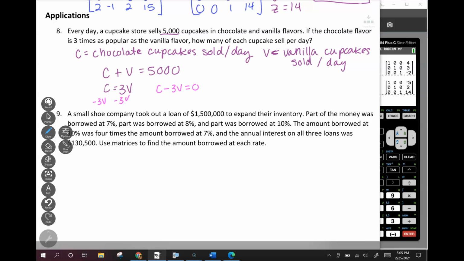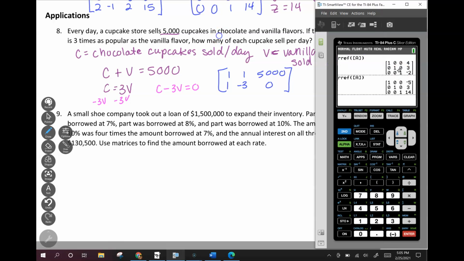All right, so now I have my 2 equations that I can put in matrix form, now that they're both in standard form. So 1, 1, 5,000, 1, negative 3, 0. You could also solve this using substitution or elimination or whatever you want, but we have a calculator, so I'm just going to do it this way. That way, hopefully we don't make any mistakes.